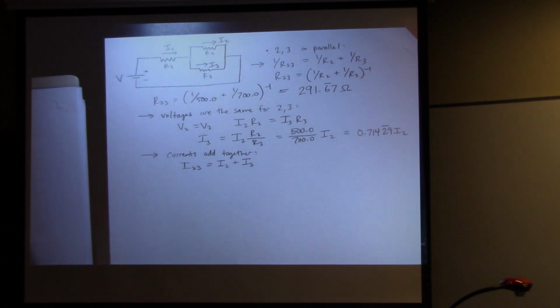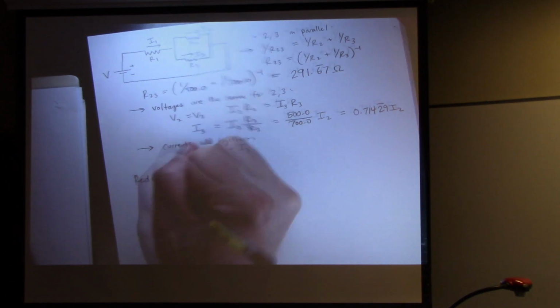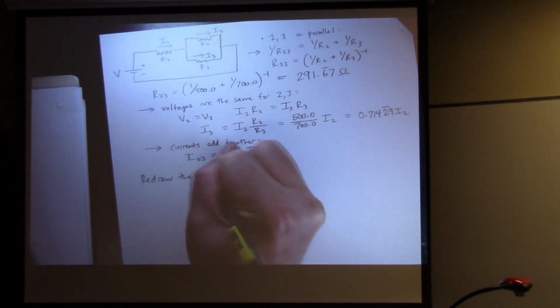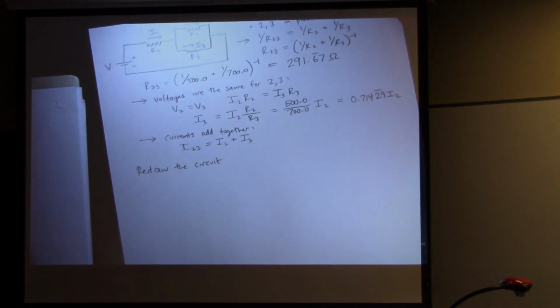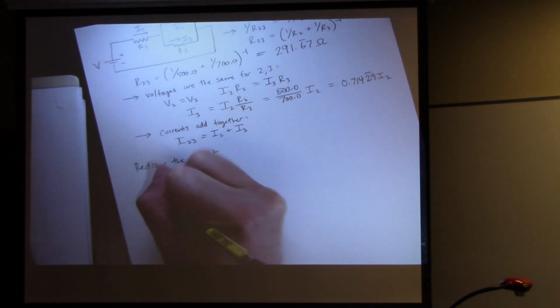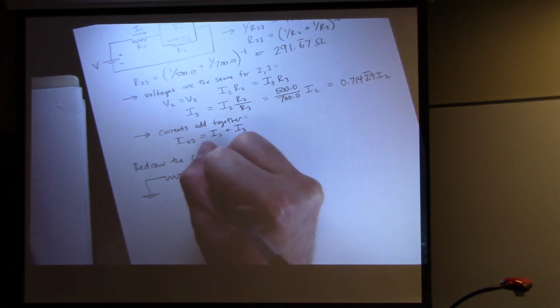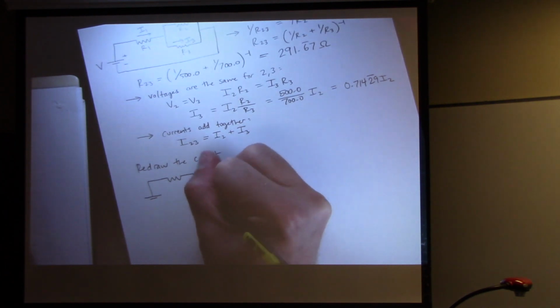All right. Next thing to do is redraw the circuit. So when we redraw the circuit, we see that we have a battery connected to R1, connected in series now to R23.